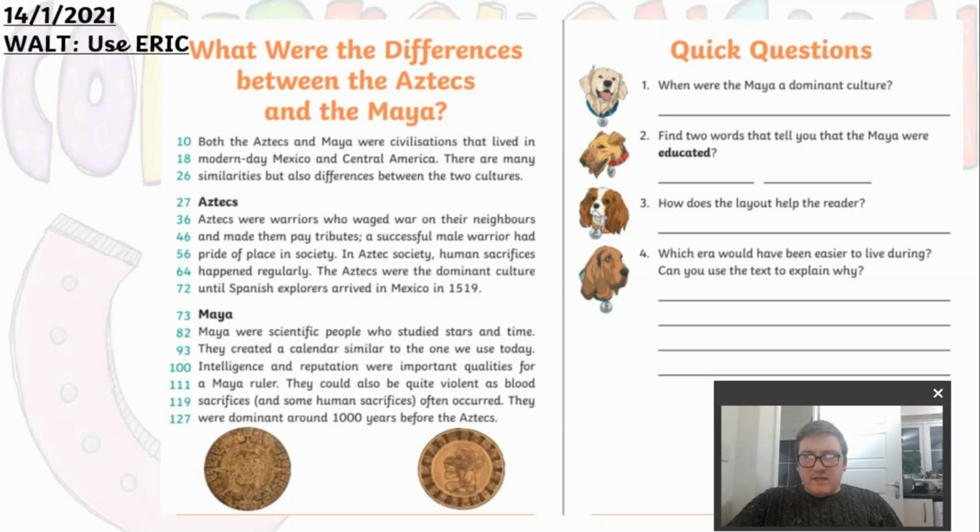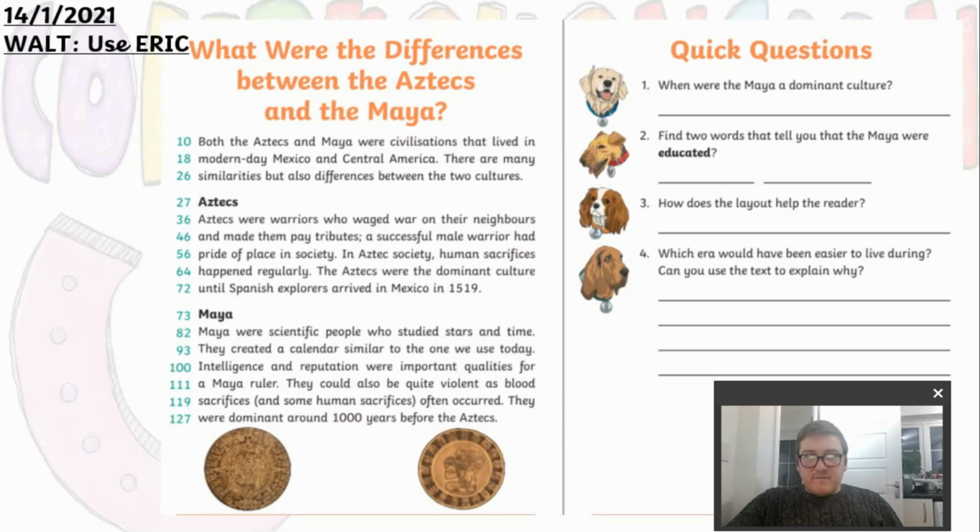Number 3, Cassie the Commentator has asked, how does the layout help the reader? So how does the layout of this text help the reader? And pause the video there if you want to crack on with that question.